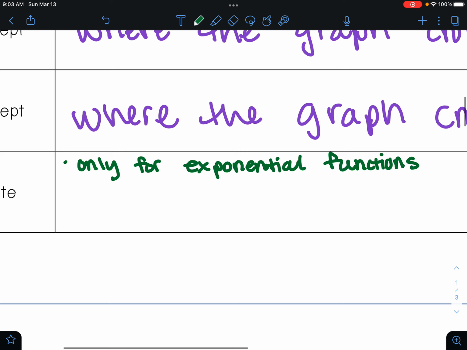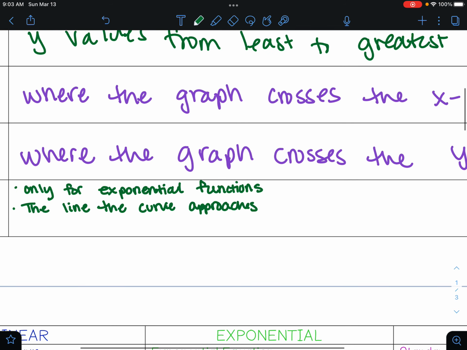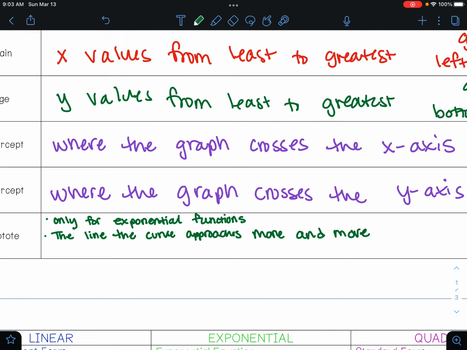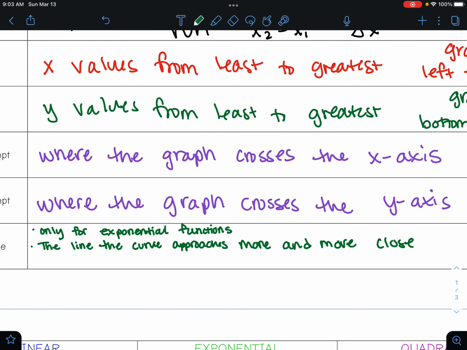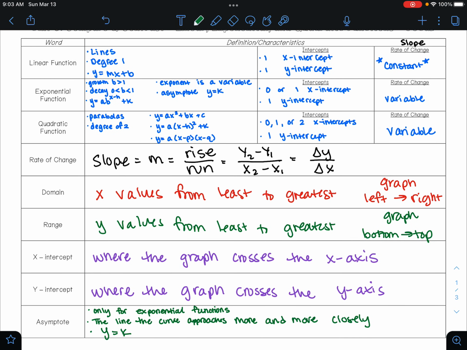It's the line that the graph approaches more and more closely. And it's always of the form y is equal to k. So those are some of the definitions that we have talked about and learned about throughout our units this school year.